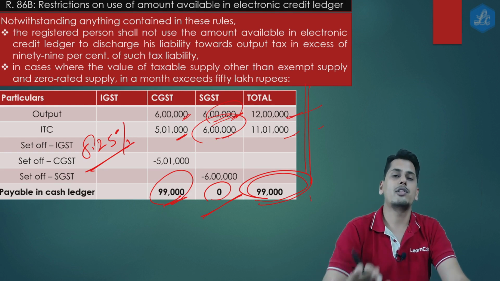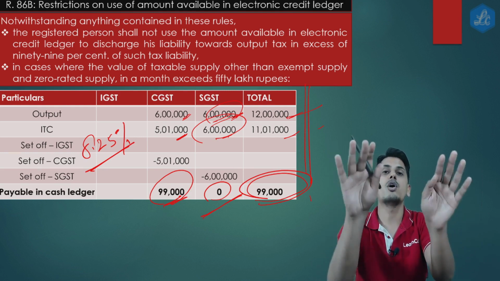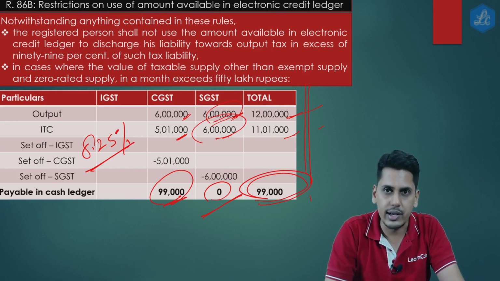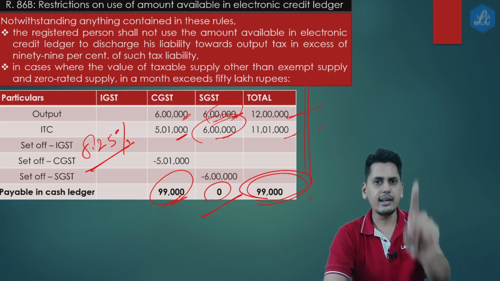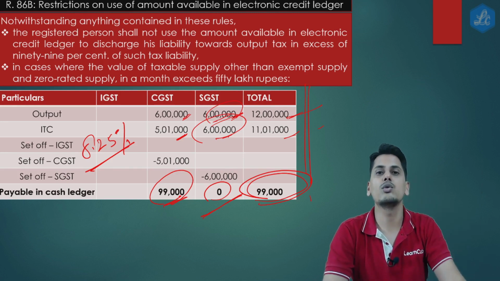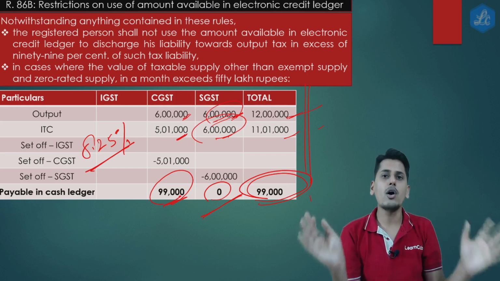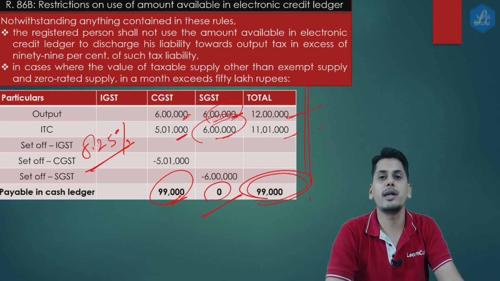The argument of the officer is rule 86B you have in CGST rules, rule 86B also have in SGST rules. So therefore, it needs to be applied headwise. The argument of the assessee is, what is the intent behind introducing rule 86B? The intent behind introducing rule 86B is overall input tax credit frauds, a check needs to be placed in the system.